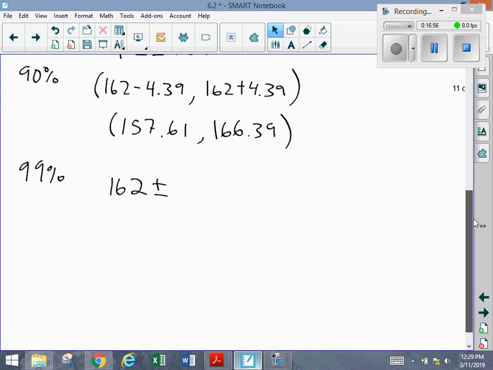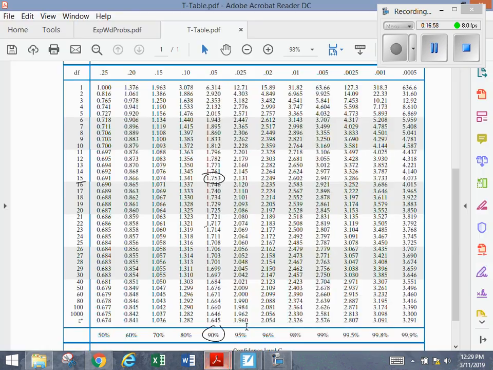So let's go to our table here. We'll go to 99%, and then our 15 degrees of freedom takes us to 2.947 as the critical value.